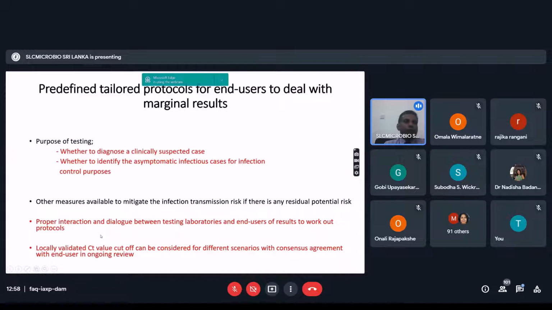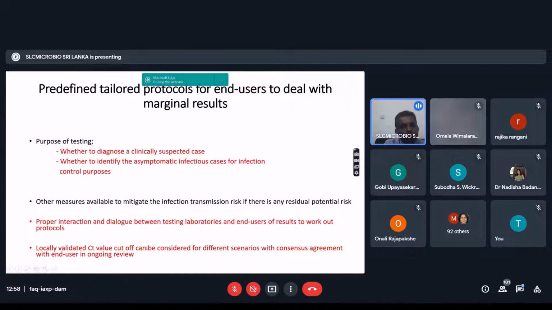Although I said that we can't have a common CT cutoff for all labs, it is not impossible to have a locally validated CT value cutoff for laboratories after working it out with end users for different scenarios with different applications.